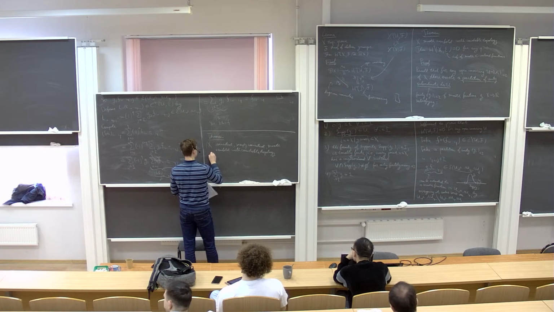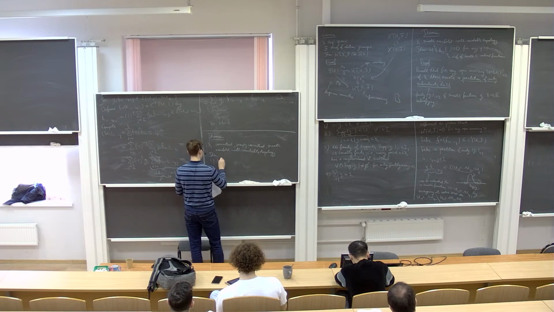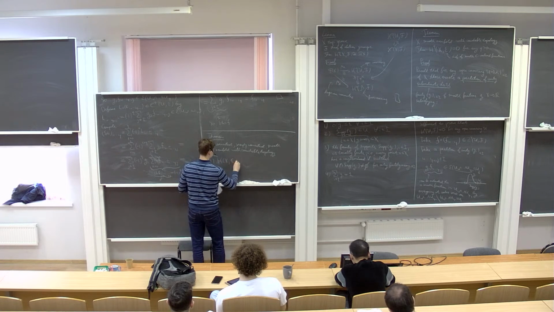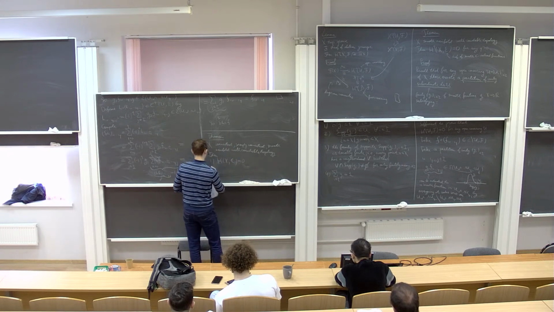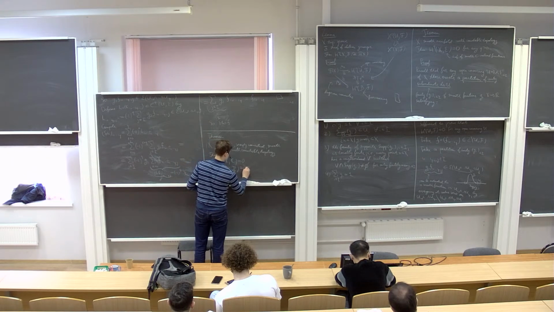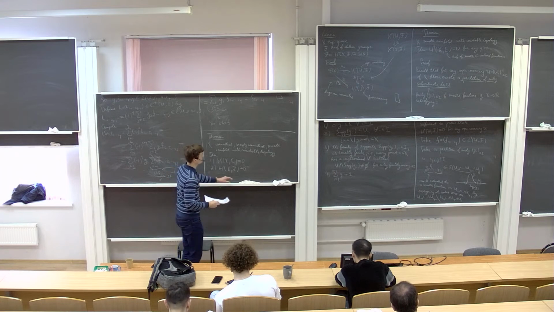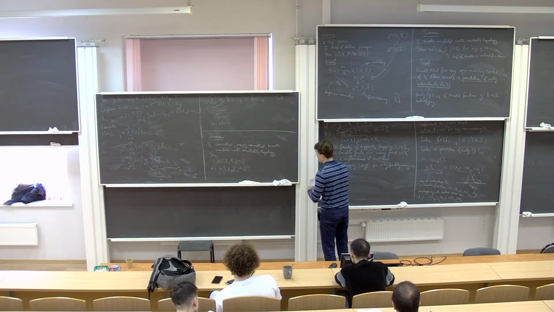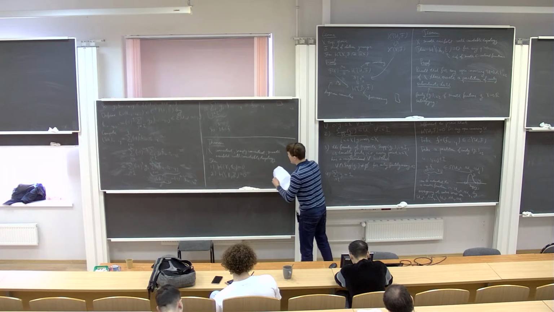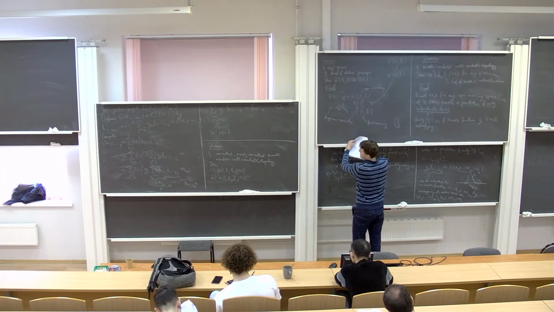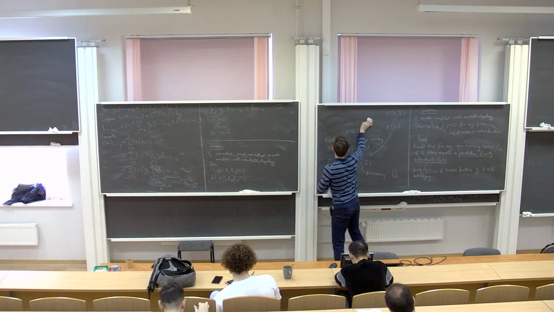Then the first statement is that H1 of X with the sheaf of locally constant functions with values in C is equal to 0, and that H1 of X, Z is equal to 0. I already mentioned this fact. Okay, let us prove it.